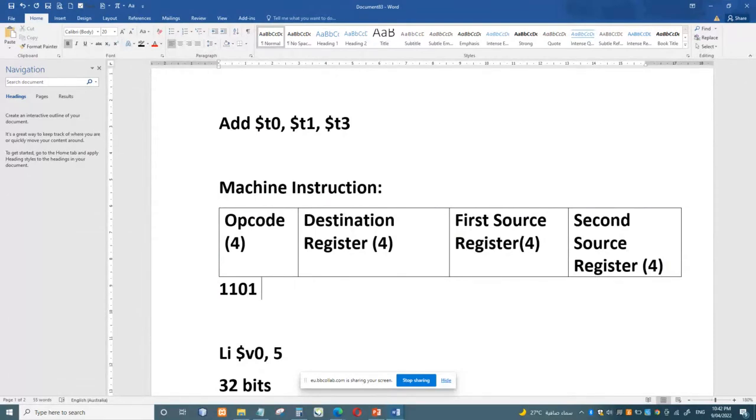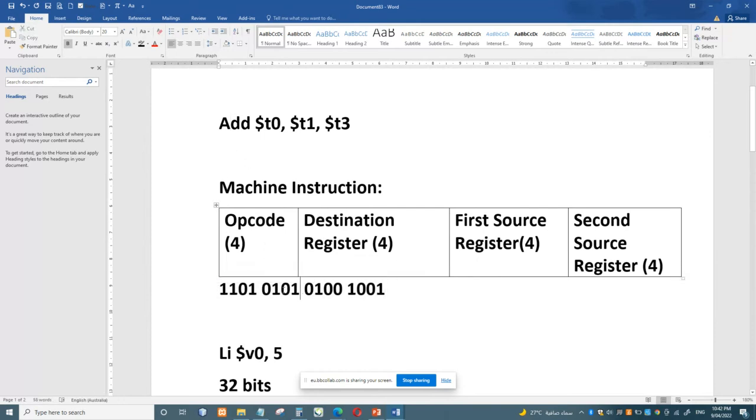So T0 is register number 5 or 6, so 0101, register number 5. The first source register can be register number 4, and the second source register can be register number 9, so 1001.